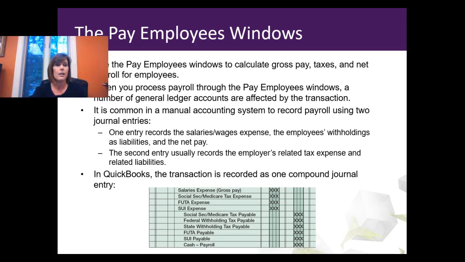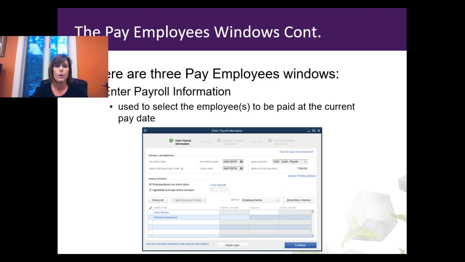Somebody just didn't click the right box, and they didn't withhold, and he didn't notice, unfortunately. And it wasn't until probably halfway through the year that it was discovered. And so we ended up having to make an estimated tax payment so that we wouldn't be penalized at the end of the year for underpayment of state income tax. So it happens, and it's one of the hazards of doing these yourself.